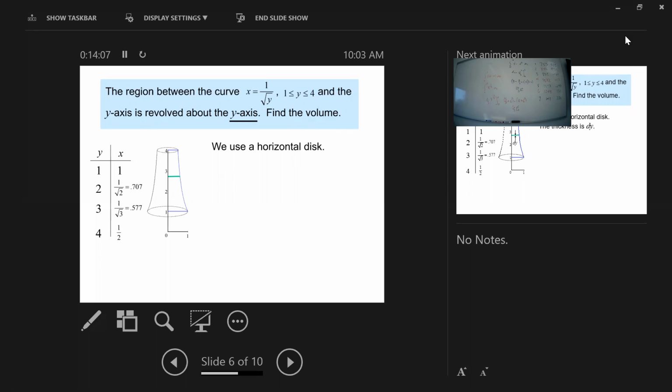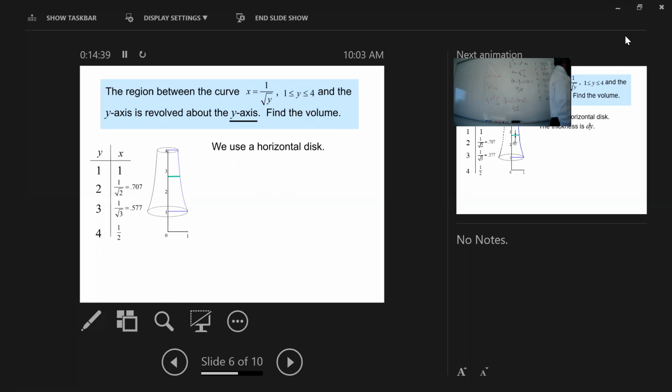So we're saying here's, ready? X depends upon y, and we're going from 1 to 4. In the first example, they took that shape and revolved it around the x-axis, and now we're taking this shape, revolving around the y-axis. We put these numbers in. 1, 2, 3, 4 are the inputs. 1, 2, 3, 4, those are the outputs.